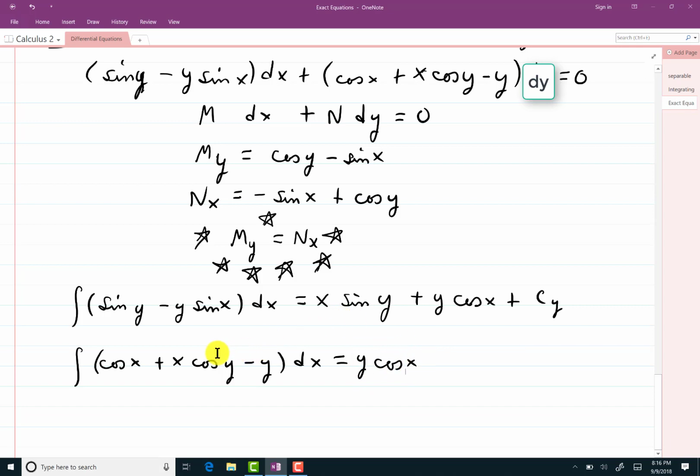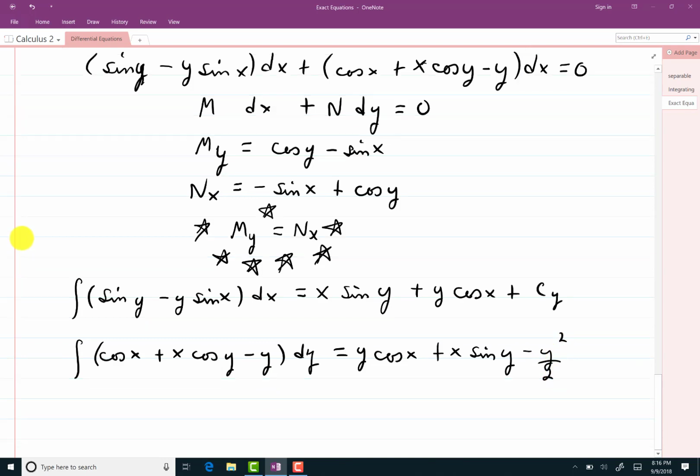And then I'll have plus x times, oh, this is with respect to y, sine of y. So I'll say it again, y cosine of x plus x times sine of y minus y squared over 2.